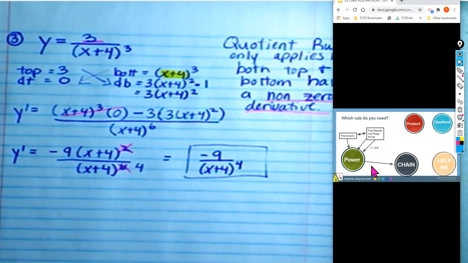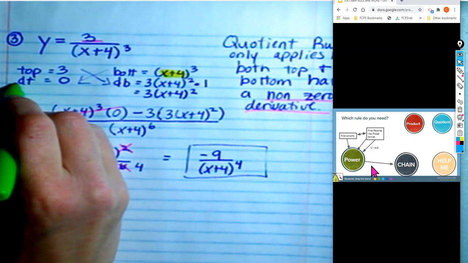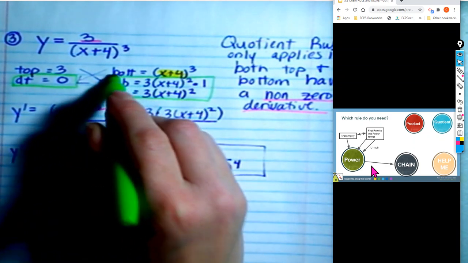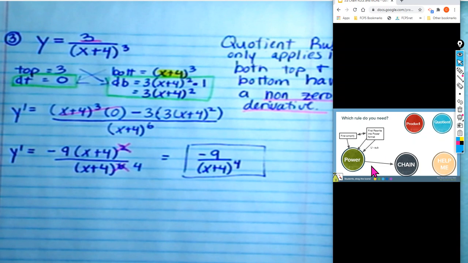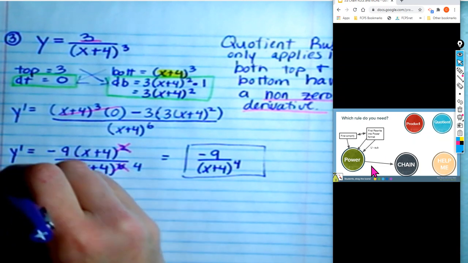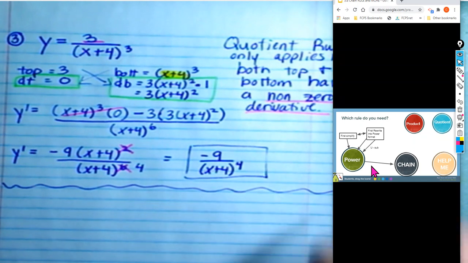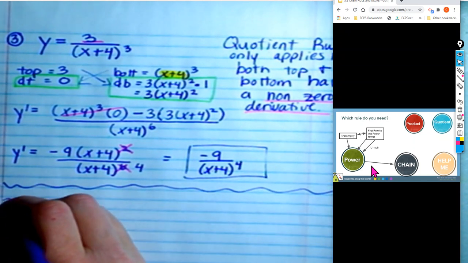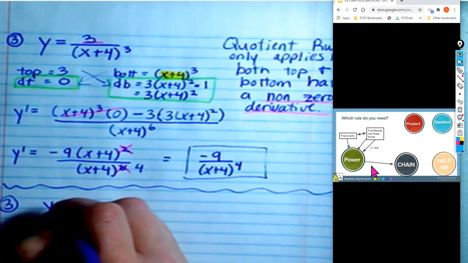Not so bad, right? Chain rule just appeared within the derivative of the top or the derivative of the bottom, which is just like the problems that we practiced. Okay, what if I can make the chain rule happen?